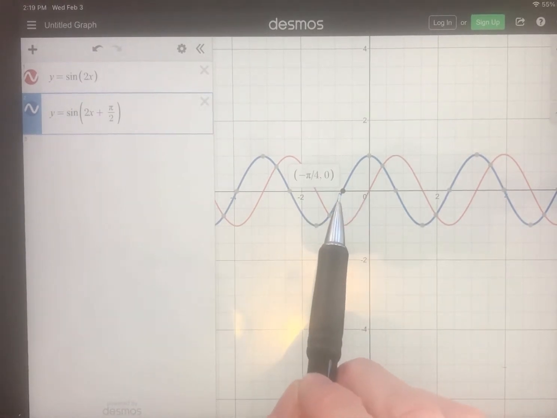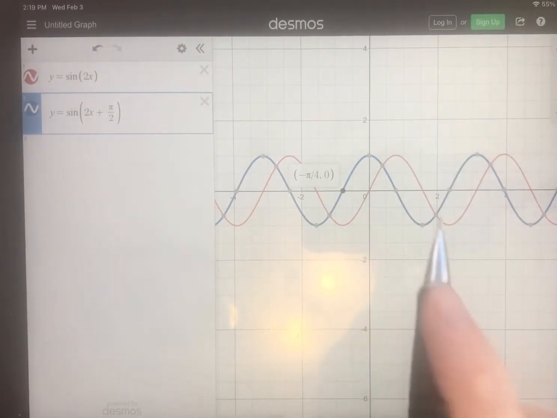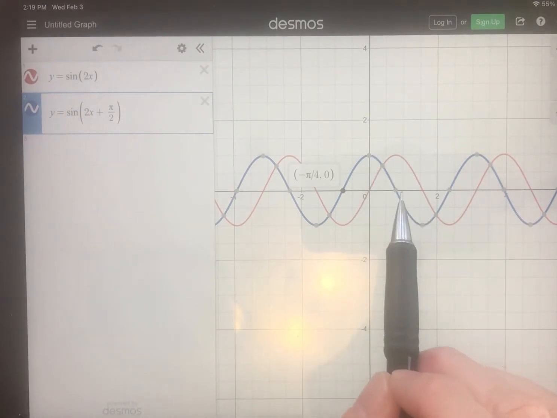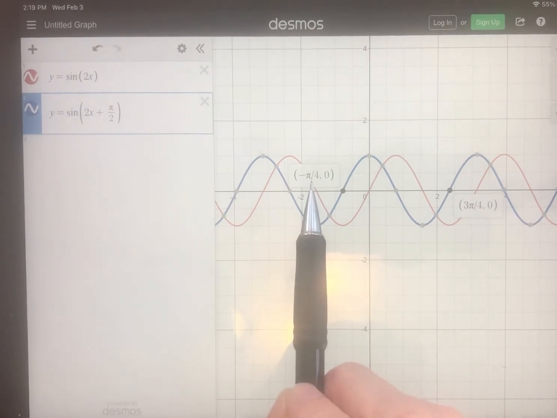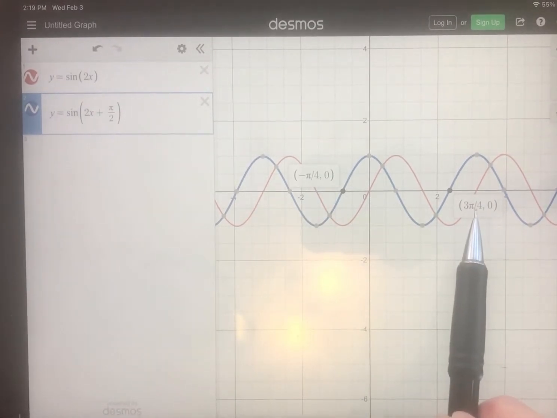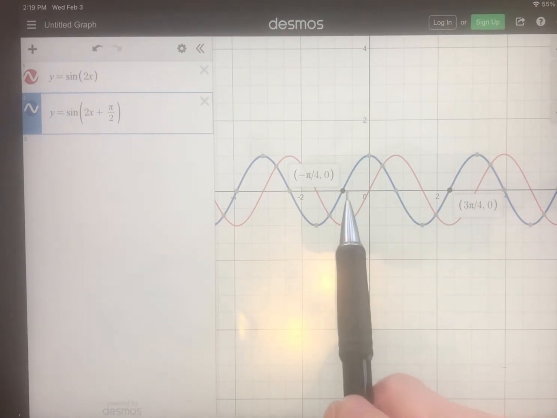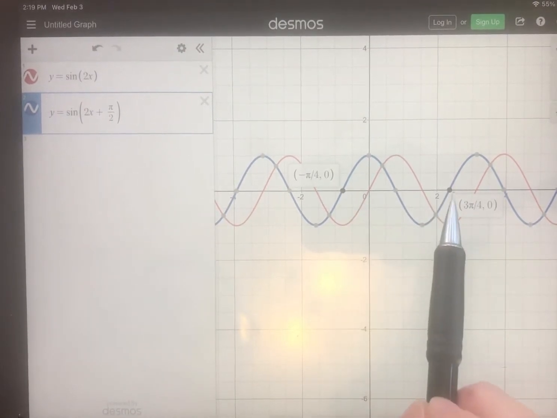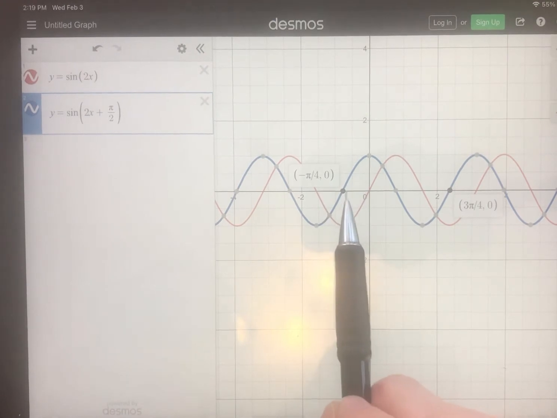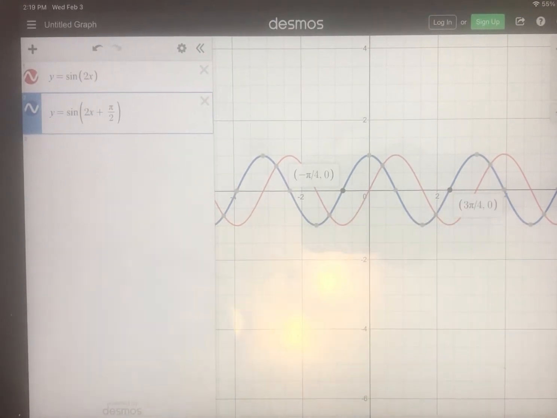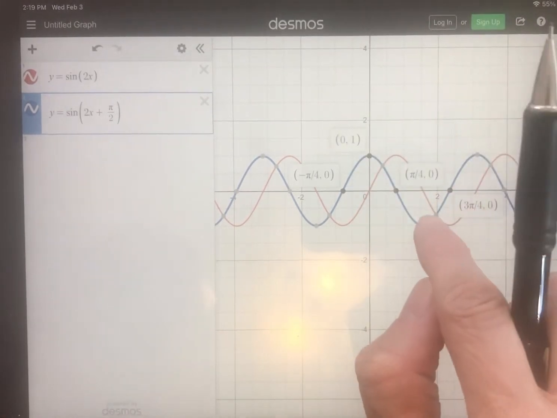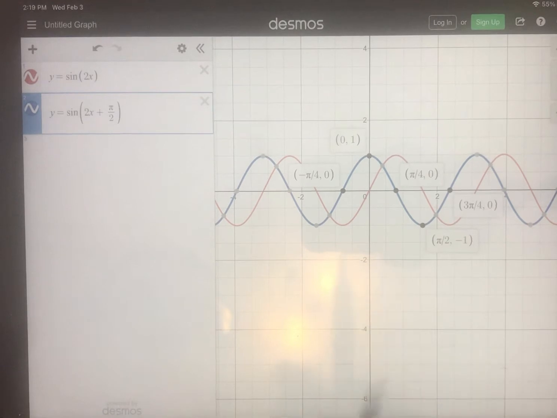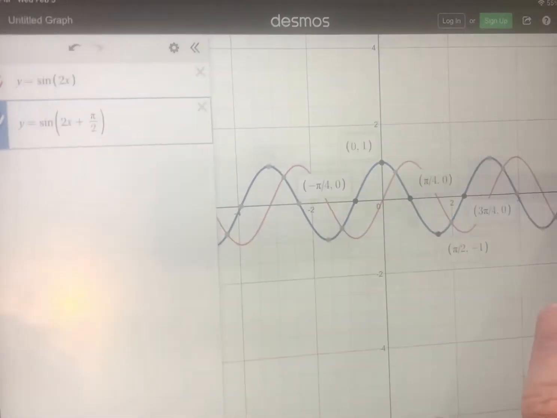There's the pi over 4 shift. And then everything went to the left. Okay, and again, 1 full period. Well, from negative pi over 4 to 3 pi over 4, that's a pi distance here. This one minus this one gives you a distance of pi. So we can see the shift left right there, and then of course all of the corresponding points we can tap and see them on the shifted graph of that sine of 2x function.